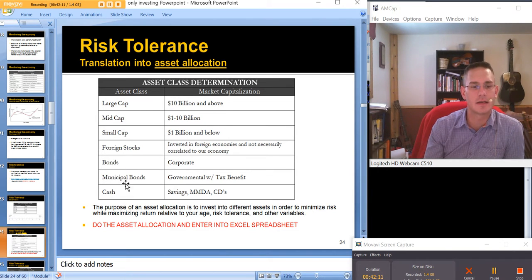Okay? So the next piece we need to remember is the different types of asset classes that we'll cover in this asset allocation: 1, large cap stocks, 2, mid cap, and 3, small cap stocks. Now, what we mean by large cap is, earlier on we talked about shares outstanding and market capitalization in the definitions of the exercise at the beginning of this section.